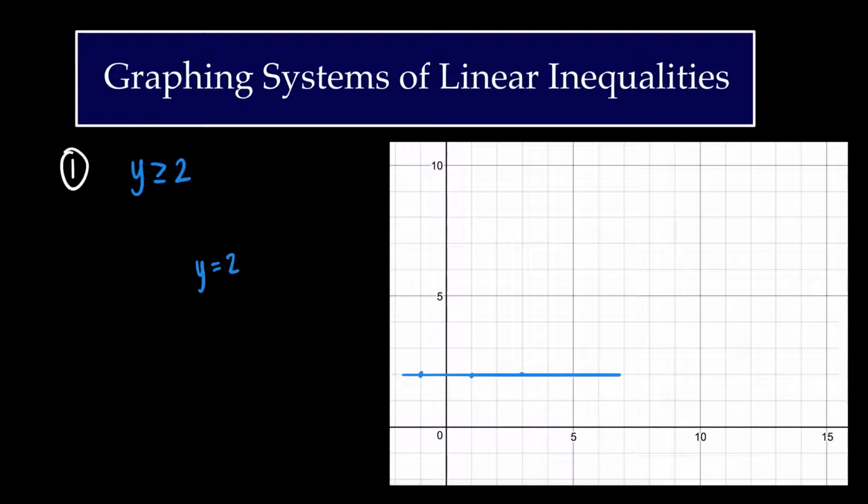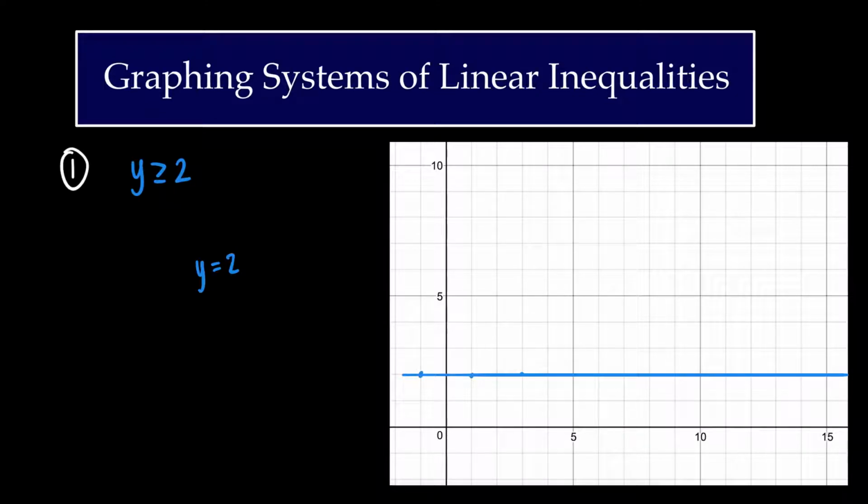Okay, so we'll draw this line sideways here. And so this is the place, okay? Anything on that blue line is the place in the xy coordinate space where y is actually equal to 2. Okay? We want to show visually all of the places in the xy coordinate space where the y value is actually greater than or equal to 2.